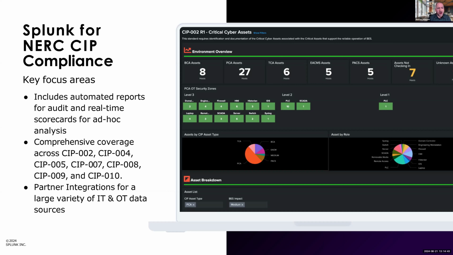For CIP-007, looking at endpoint, patching and system config changes. For incident response and change management, CIP-008 and CIP-010. There are plenty of ways that Splunk can directly be applied to help with CIP compliance.